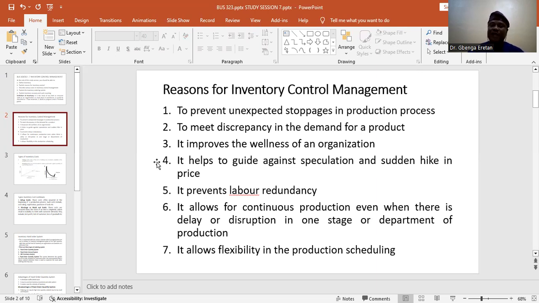The customers and consumers are the ones that demand the product. And you may not know the time when there will be a demand surge. But with proper management of stock, you will be able to meet the unexpected demand of customers, which may go beyond the normal demand.